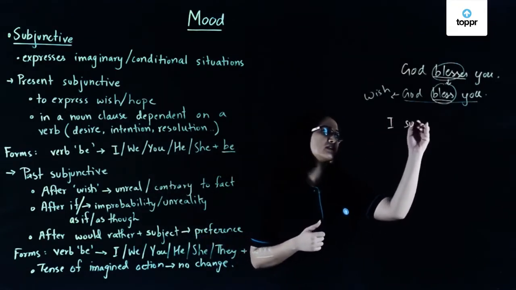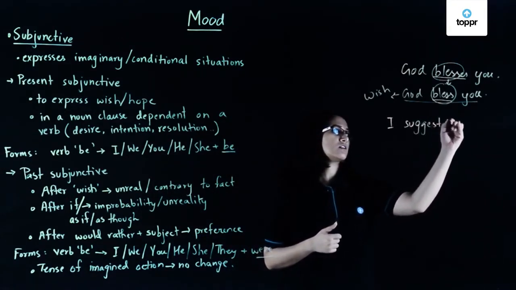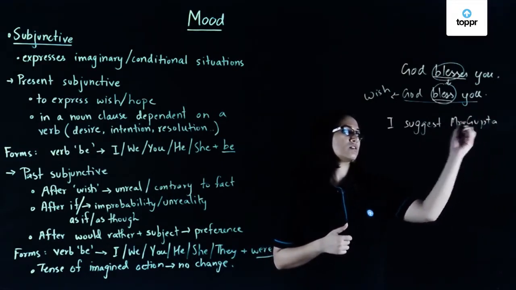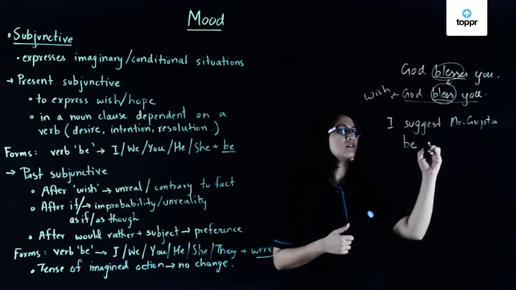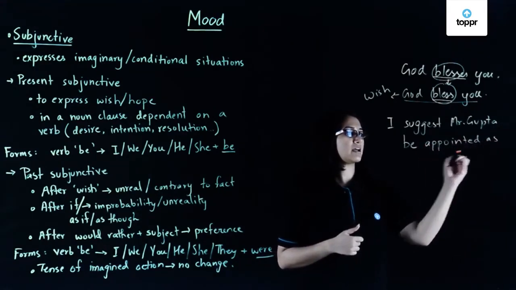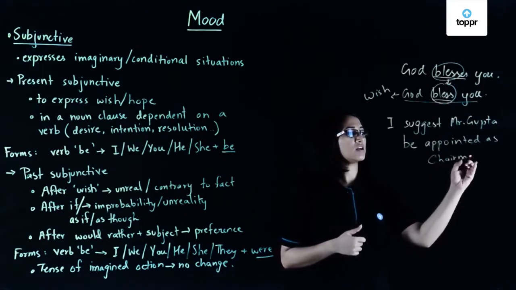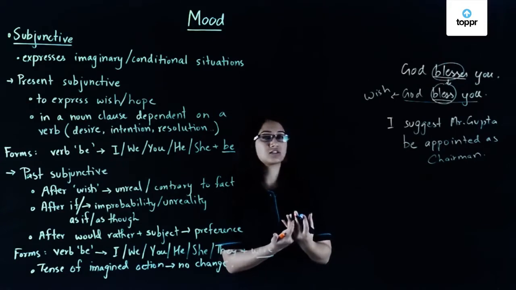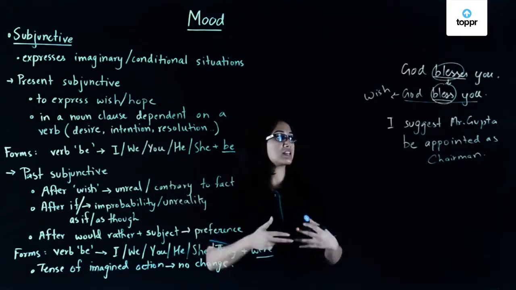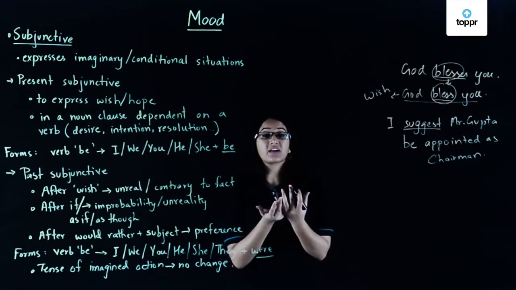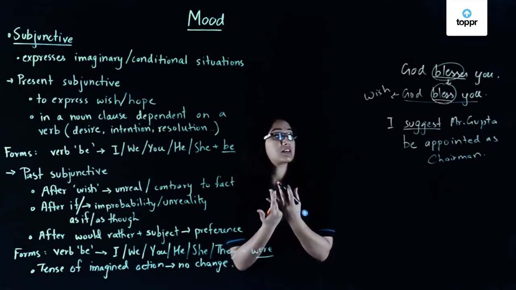I suggest Mr. Gupta be appointed as chairman. So here I am saying that this is my opinion, this is my suggestion, and the verb is expressing this. The verb is suggest, which is expressing that it is my recommendation or suggestion that something happen.